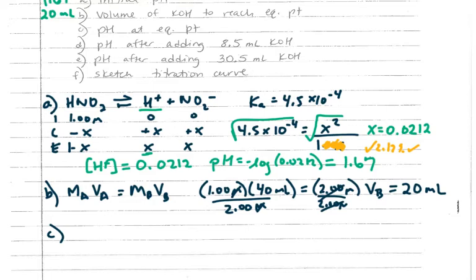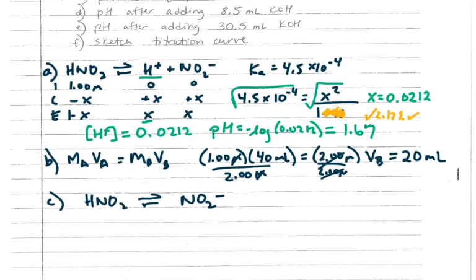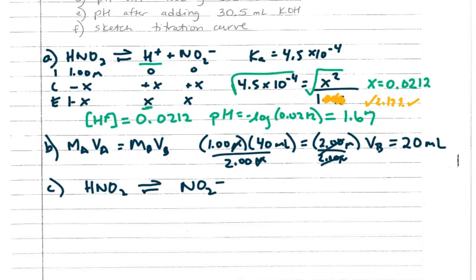Well, at the equivalence point, we are going to neutralize all the moles of the HNO2 and convert it all to NO2 minus. So at the equivalence point, how many moles do we have of the acid?